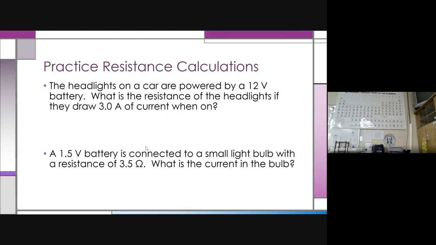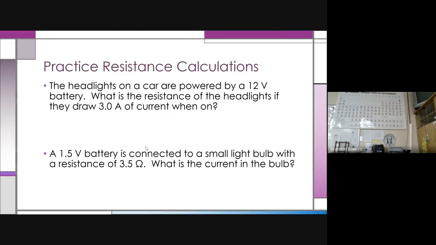What's my equation? Resistance is equal to what? Voltage over current. So I know my resistance is 3.5. I know my voltage is 1.5.